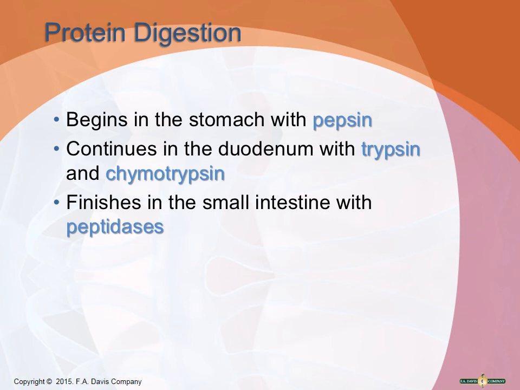And then in the small intestine, you have peptidases, same place in that brush border, that break down the proteins into their amino acids where they get absorbed to be used again.